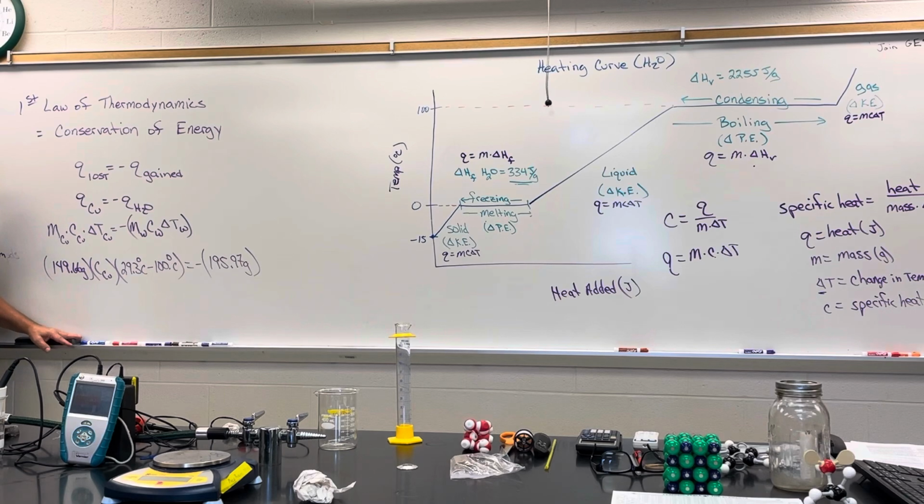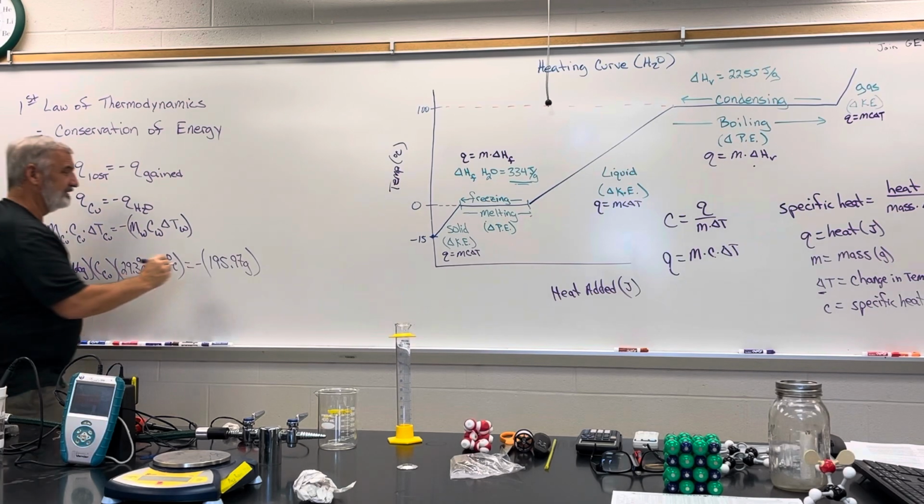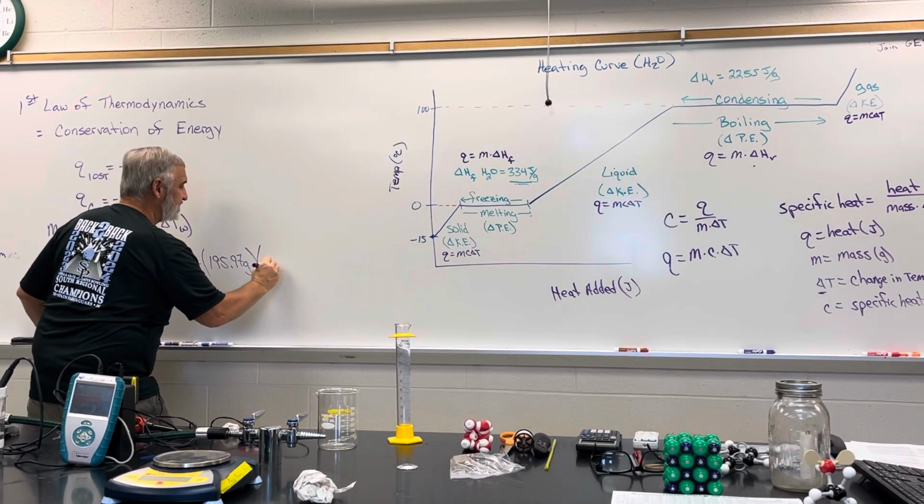Now, what do we know the specific heat of water is in joules? It's 1 calorie. Do you remember the conversion factor between calories and joules? You're very close. It's 4.184. Now, this number is going to be given. You don't have to memorize it.